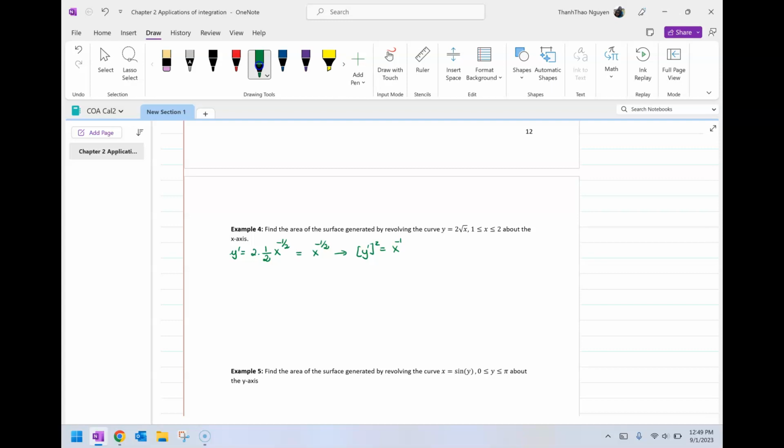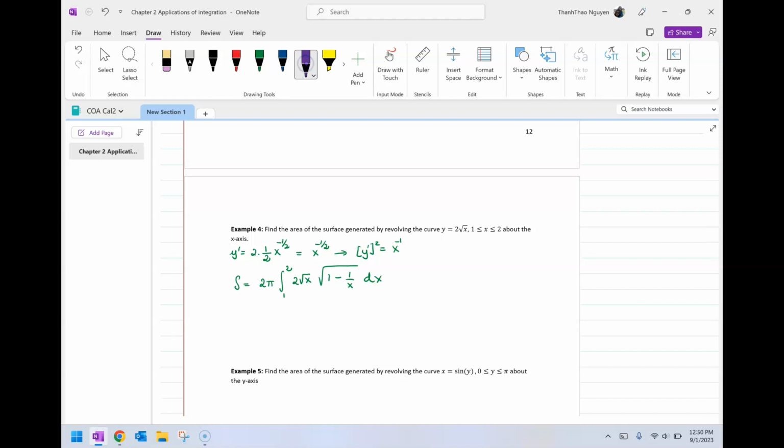Let's plug this into our integral. So the surface area is equal to 2 pi times the integral from 1 to 2 of f of x times the square root of 1 plus y prime squared dx. So let's simplify this.